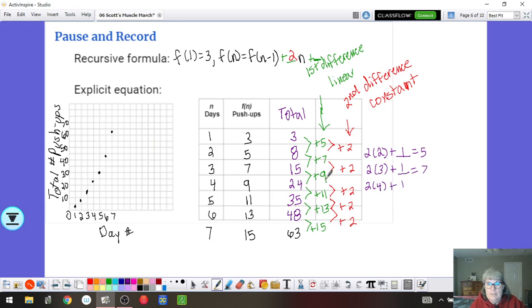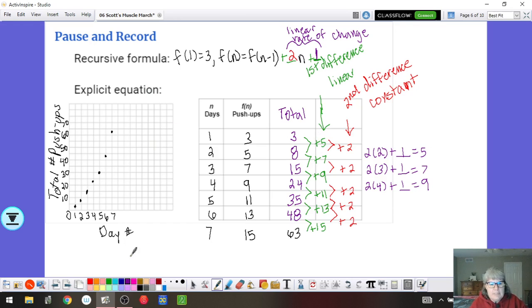Plus 1 is in fact the 9. So that means my recursive formula is going to be 2n plus 1. And we call this a linear rate of change. And again, what we're doing is we're writing the expression that will give us this pattern for our first difference.